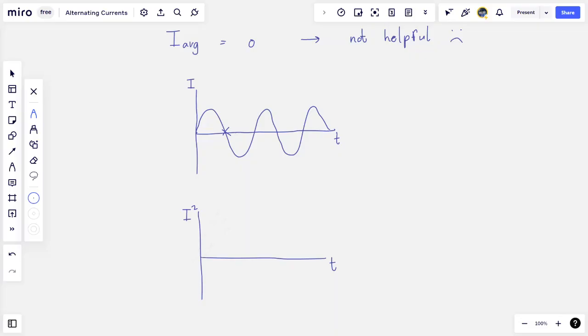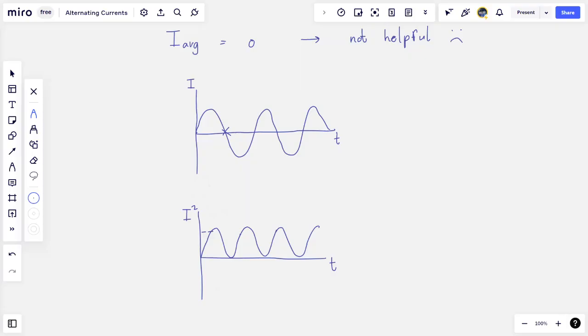So what I should get is a very similar graph, again not drawn to scale. I'll still get the same shape. And if you want to square the function with its sines and cosines, by all means do so. But it's obvious that this graph will be placed on the time axis. It will always lie on or above the time axis.